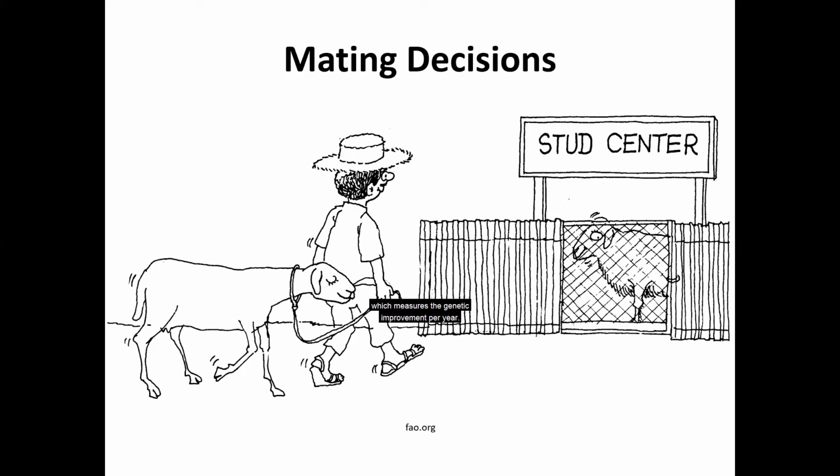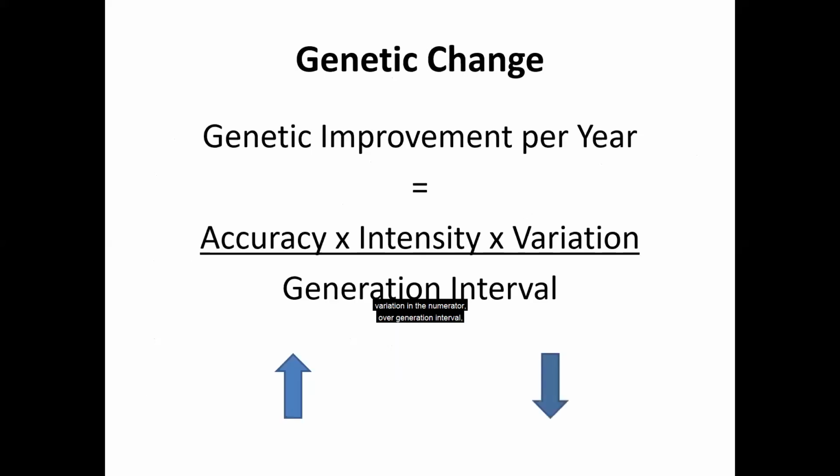And if we're trying to make genetic change, there's a golden equation in animal breeding which measures the genetic improvement per year. And that's going to be an expression of 4 different things: accuracy, intensity, variation in the numerator, over generation interval in the denominator. I'm going to go through that.